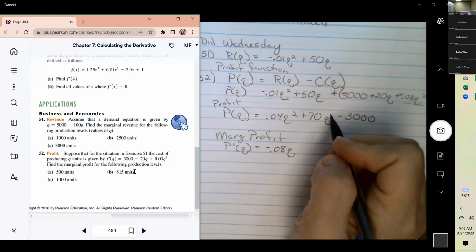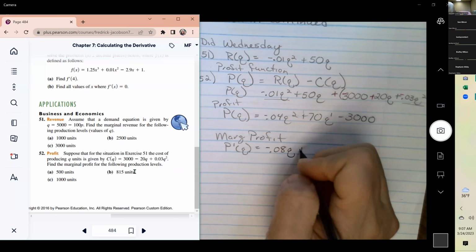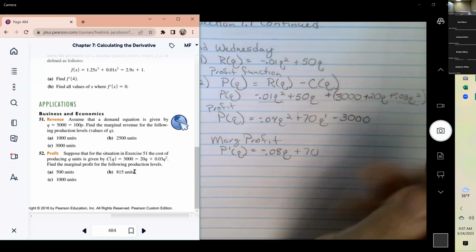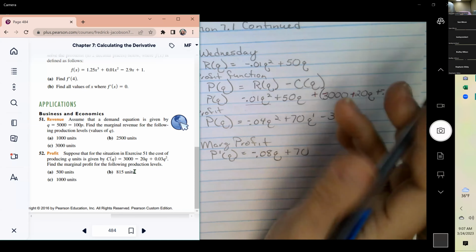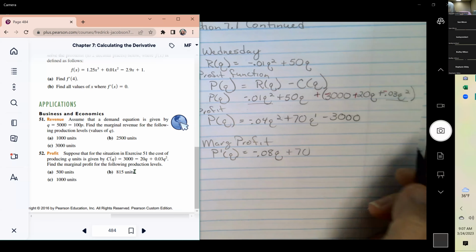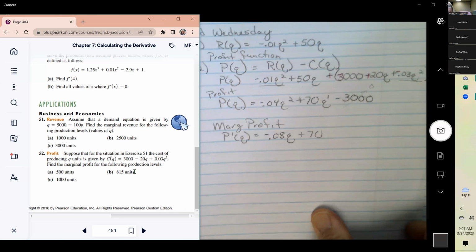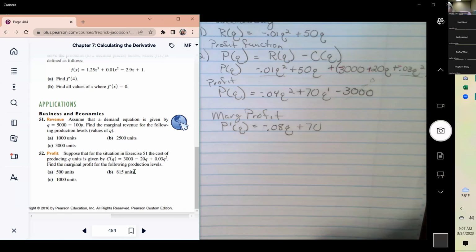When there's no number, there's a 1 on this one. 1 times 70 is 70, and that's a plus sign. Q to the 0 drops off, and the constant goes to 0. So that's the marginal profit.